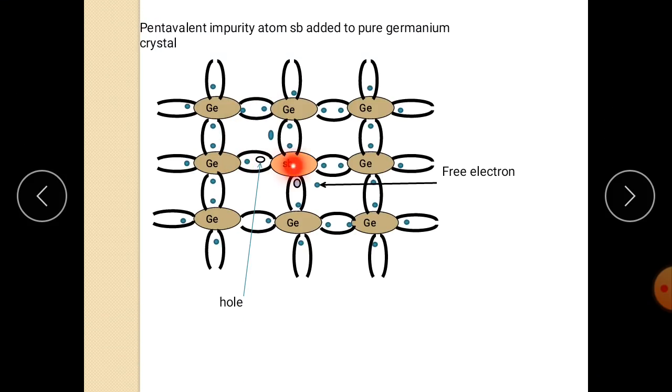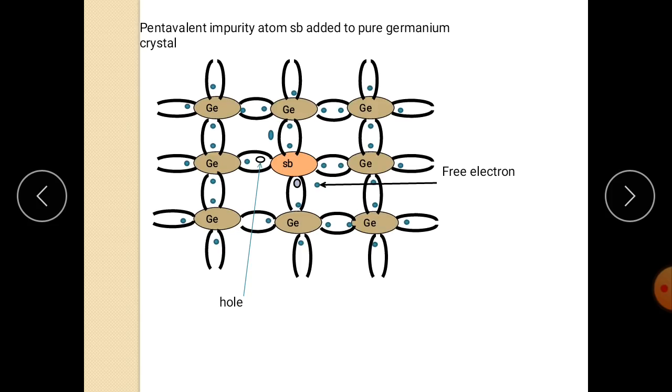These are the electron hole pairs generated in the N type of semiconductor. Thus, in N type of semiconductors, the number of free electrons is more than the number of holes. So, in N type of semiconductors, electrons are called majority charge carriers and holes are called minority charge carriers.